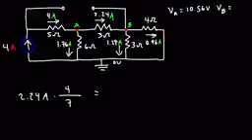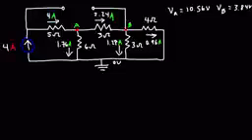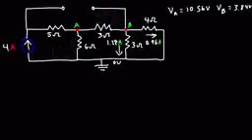Since those two resistors are parallel, the voltage across them should be the same. And you get 3.84 volts. So that's the information we have from the first power source. So now let's just get rid of this. And let's focus on solving the circuit with the second current source.